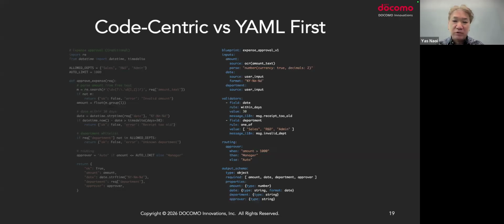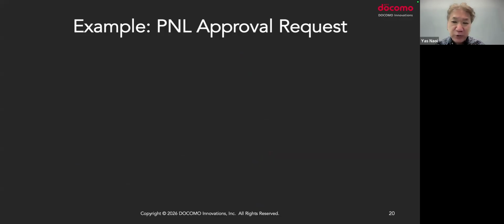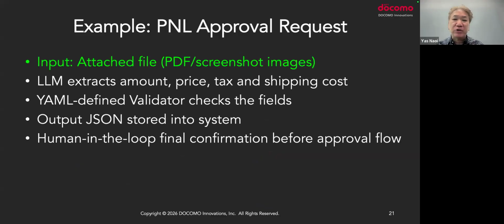To make it more concrete, here is a real example of a PNL, purchase and lease approval request in AGS. We upload some files such as a screenshot or PDF of the items to purchase.